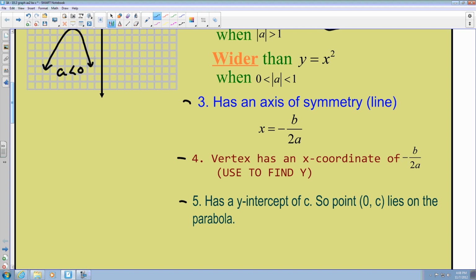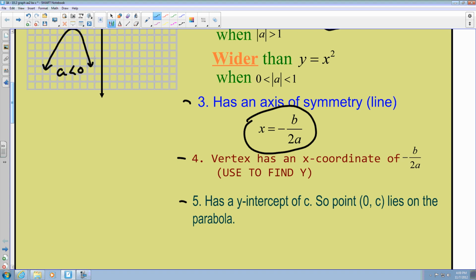And first thing we have to find is the axis of symmetry. And we can find the axis of symmetry by using the equation x equals negative b over 2a.